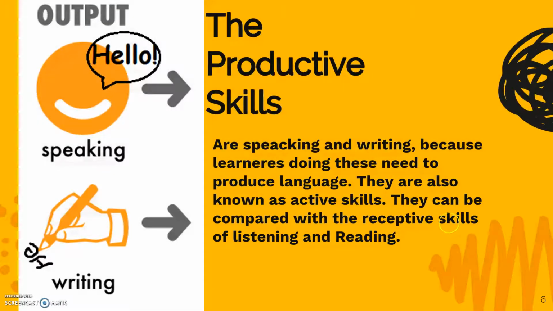So the next thing to do is talk about the productive skills. The productive skills are speaking and writing, and they are called the output skills. They are called productive skills because learners doing this need to produce the language. They are also known as active skills, and they can be compared with the receptive skills, listening and reading.